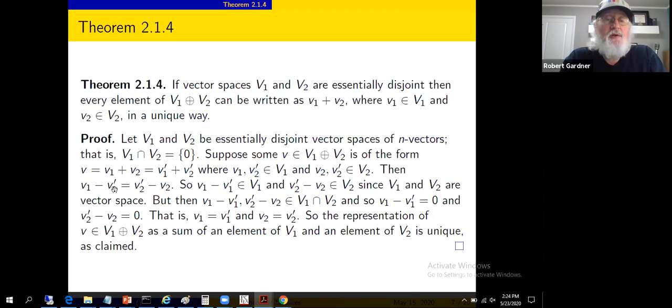And the representation is unique. If you write vector v as a linear combination, as a sum of an element of V1 and an element of V2, then that choice of vectors v sub 1 and v sub 2 is unique. Totally based on the essential disjointness. You can see that right here where we drew the conclusion that the only thing in the intersection is the zero vector.